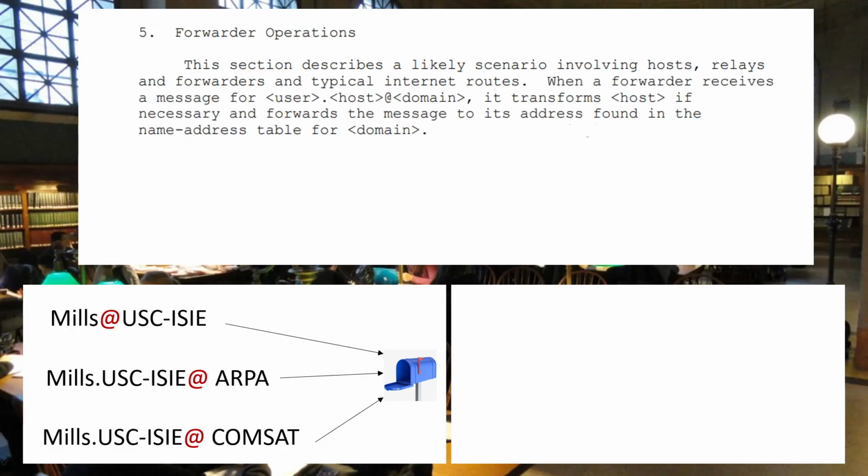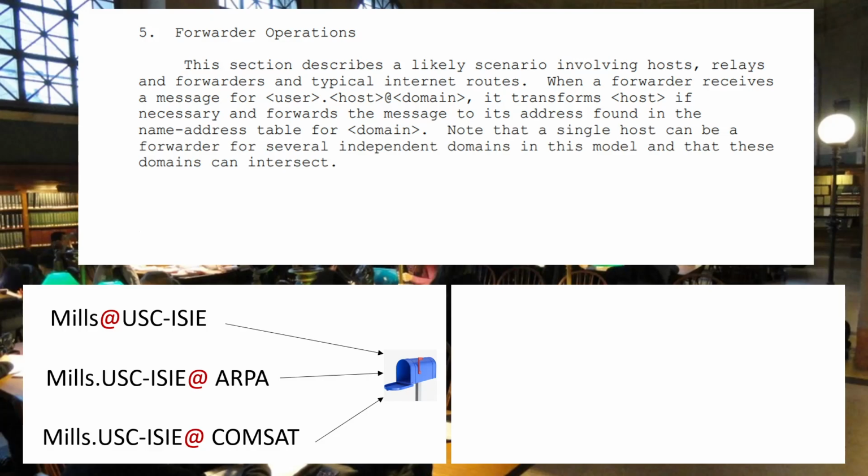When a forwarder receives a message for user.host at domain, which is the correct syntax, it transforms host if necessary and forwards the message to its address, found in its name to address table for that particular domain. Because remember, it has a table for each domain, it's been given a name, so it now needs to find the address for that. Note that a single host can be a forwarder for several independent domains in this model, and that these domains can intersect, and that's very important.